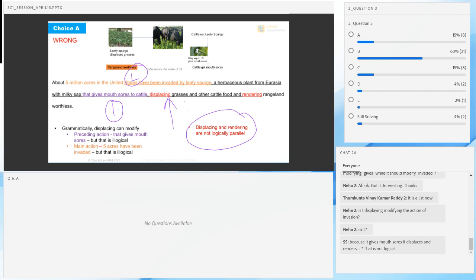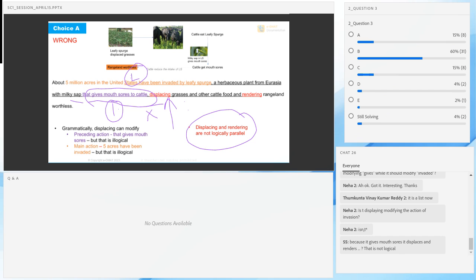Because whenever you have a verb-ing modifier, it has to make sense with the subject of the preceding clause. Here, milky sap is not the thing that has displaced grasses. So that part is wrong. Secondly, even if that were fine, what has mouth sores got to do with displacing grasses, right? They are logically not linked. That is why this linkage is wrong.